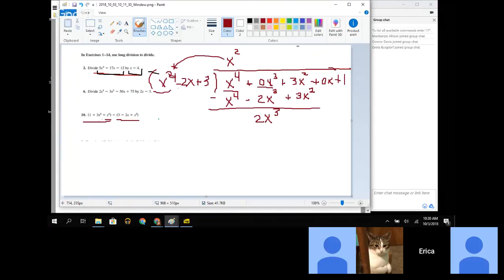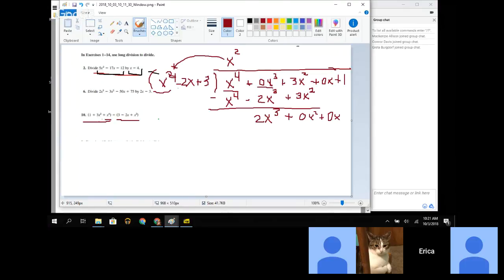And 3x squared minus 3x squared is nothing, right? So I'm just going to put nothing here. 0x squared plus 0x. So now I need to figure out how to get rid of 2x cubed.